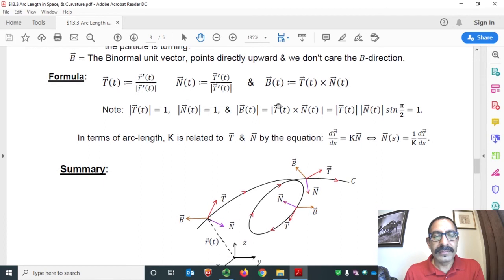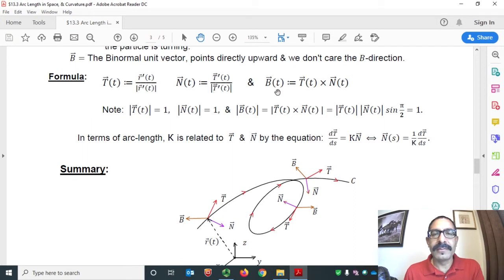So the formulas. The unit tangent vector we already defined, which is the ratio of r prime over the magnitude of r prime. Then the normal vector is the ratio of the derivative of the unit tangent vector over the magnitude of the derivative of the unit tangent vector.